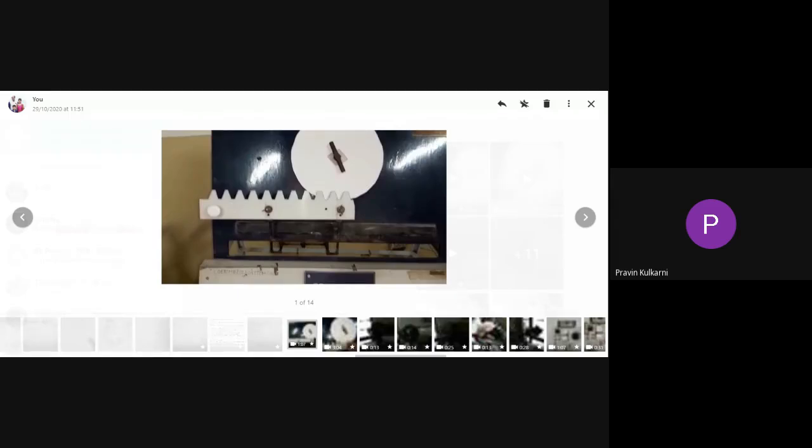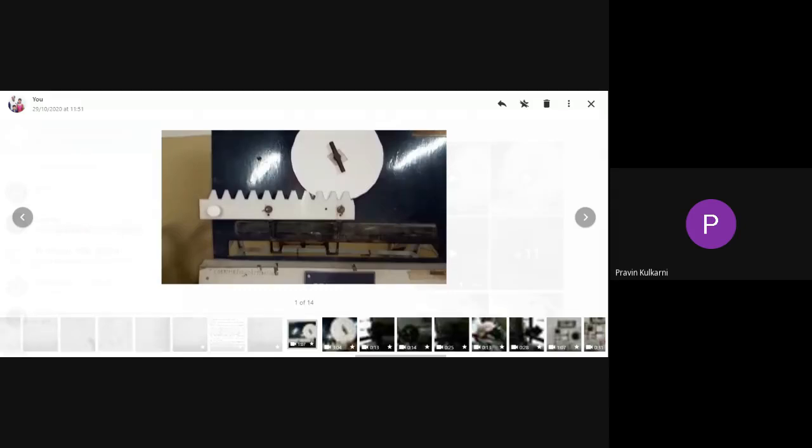In machine shop, you might have seen the manufacturing of gear using a milling cutter, isn't it? We are going to demonstrate the basic principle of gear cutting through this experimentation.